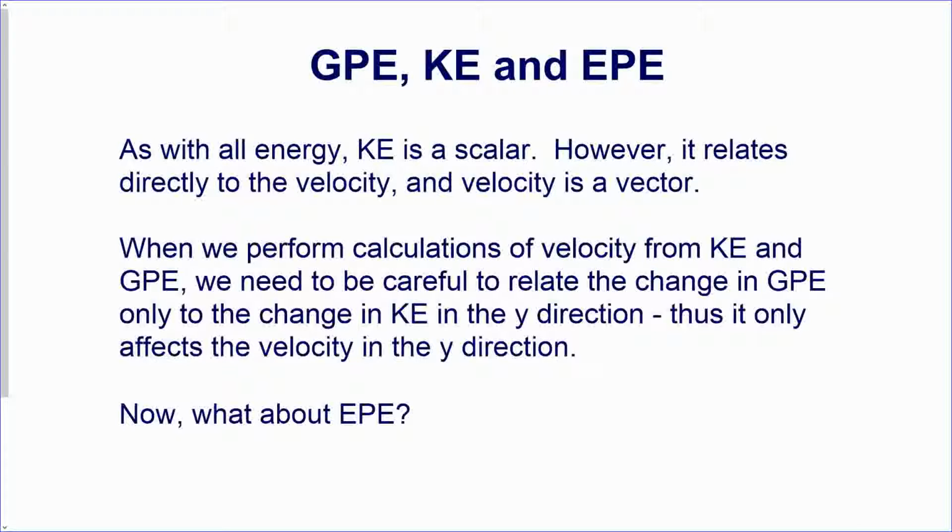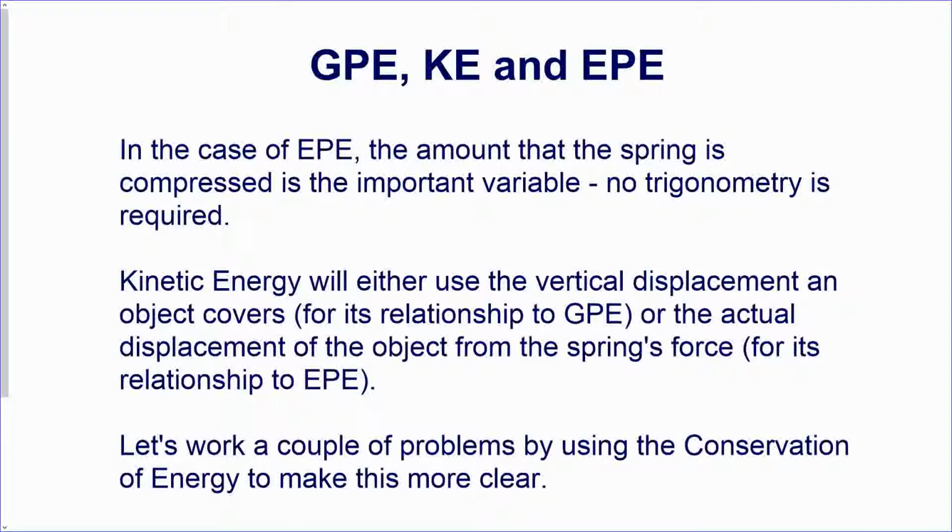Now, what about spring potential energy? Well, in the case of that, the amount that the spring is compressed or stretched is the important variable here. So no trigonometry is required. Kinetic energy will either use the vertical displacement of an object it covers, or the actual displacement of the object from the spring's force.